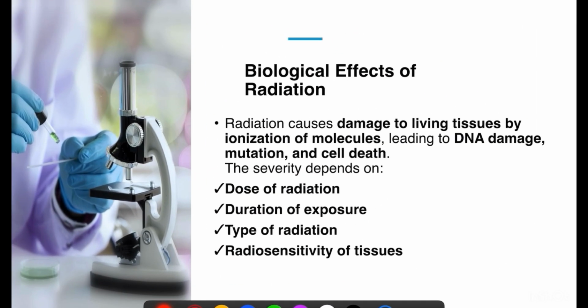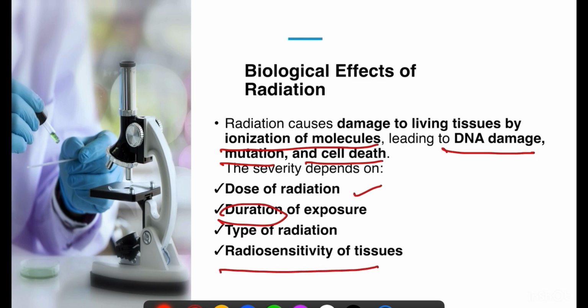Radiation causes damage to the tissue by the ionization of water molecules, leading to DNA damage, mutations, and cell deaths. The severity will depend upon the amount of radiation received, the duration of exposure, the type of radiation, and the radiosensitivity of the tissue being exposed.